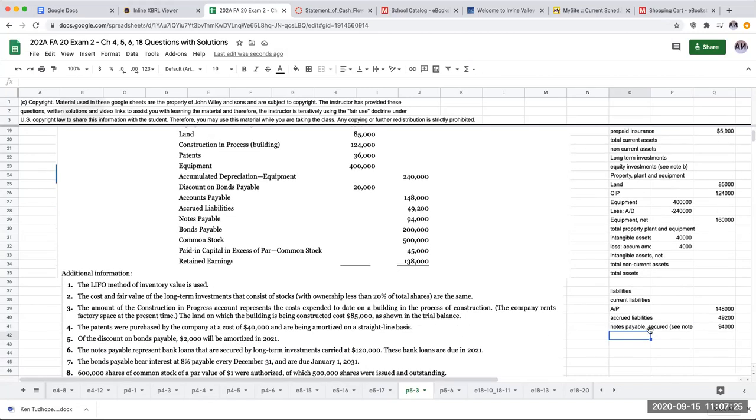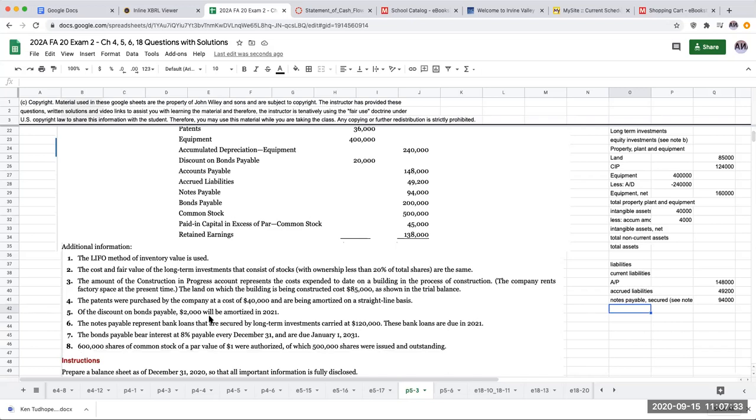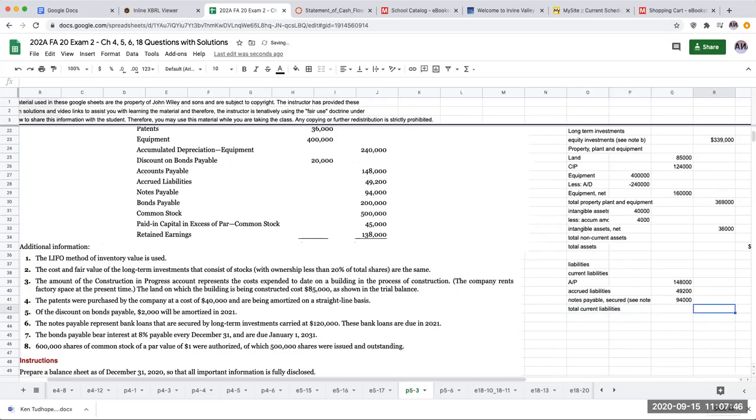I don't think we would want to do the disclosure on the balance sheet itself. I would say you would probably want to go through and see the notes, again, depending upon the materiality. So that's our notes payable. So our total current liabilities is going to be the sum of these three numbers right here.